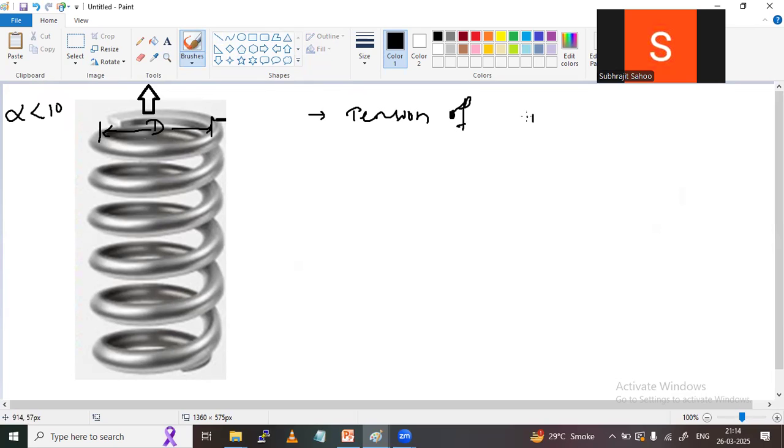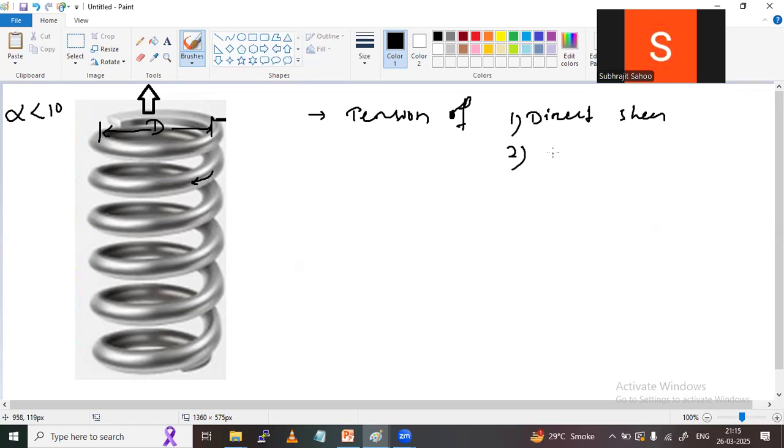One is direct shear stress. Another is that whenever this load is applied, this coil also rotates. This coil also twists with that load application. Practically, you can observe this effect also. So because of this, direct stress will be developed.